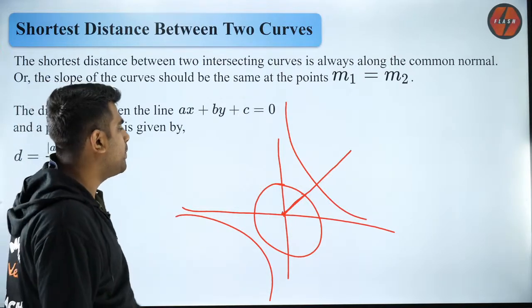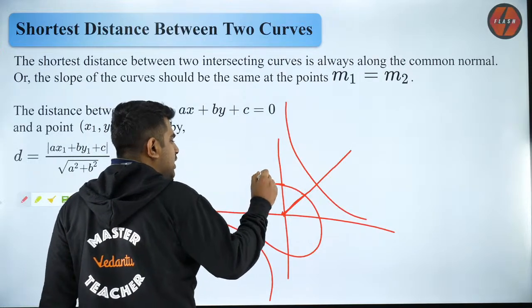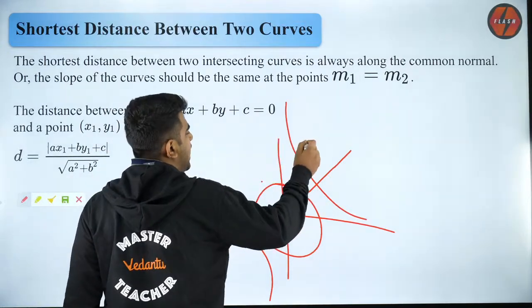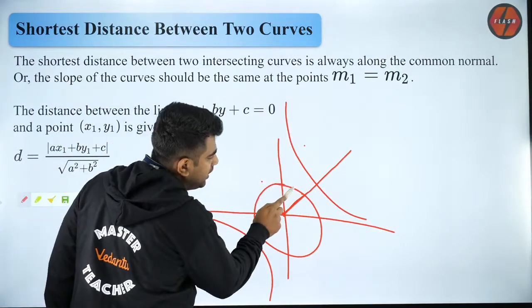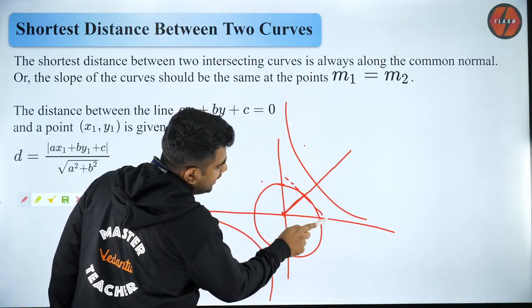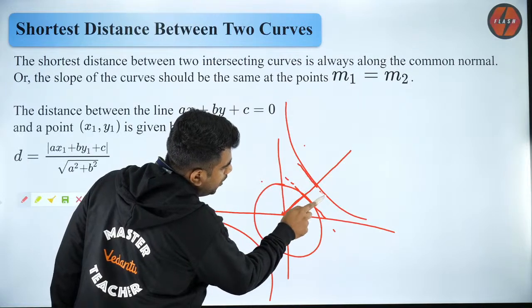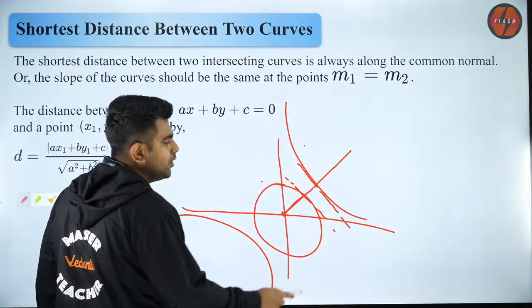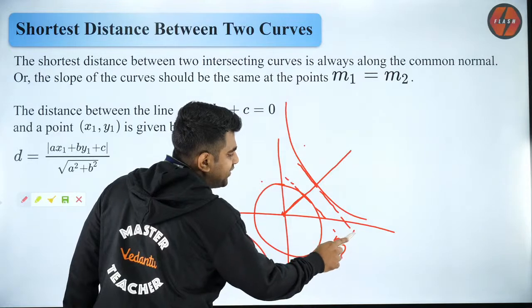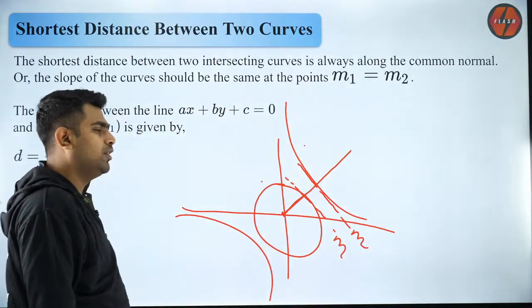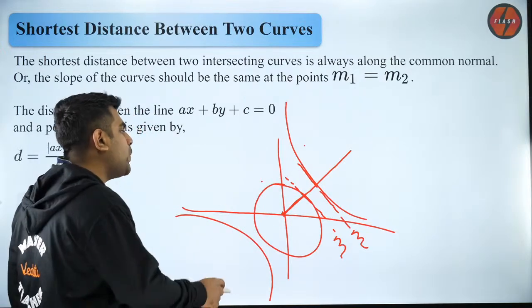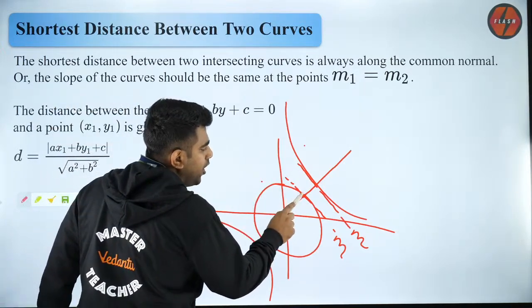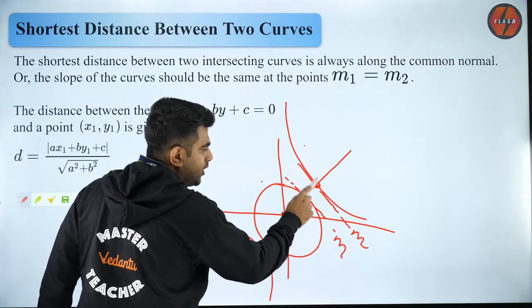When I say common normal, it has to be a normal to the circle as well as to the hyperbola. So the slope of tangent at this point should be equal to the slope of tangent at that point. So the way we find the shortest distance is, we equate the slopes of this curve as well as this curve.